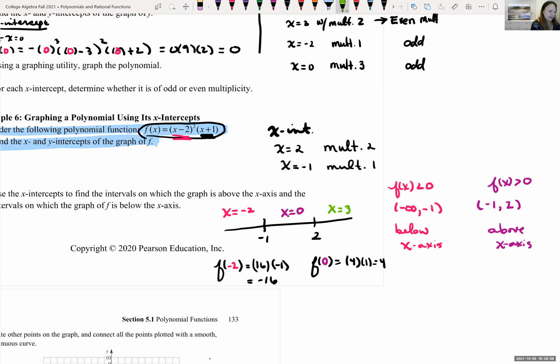If we go back in here and plug in 3 wherever we see an x, we get 3 minus 2, which is 1. 1 quantity squared is 1. And then 3 plus 1 is 4. So this is also positive, and so that is also above the x-axis.